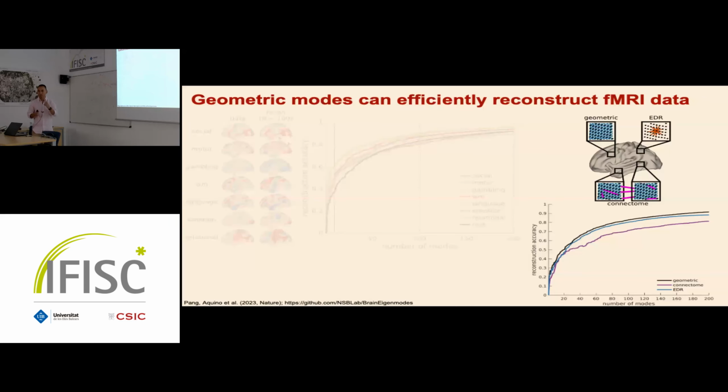But a lot of people obviously inferred a lot of different things from this plot, saying that connectivity is not important. But again, we were not saying that. We're saying that in continuous macro scale activities, say fMRI, the geometric modes seem to be the more parsimonious basis set than other basis sets.